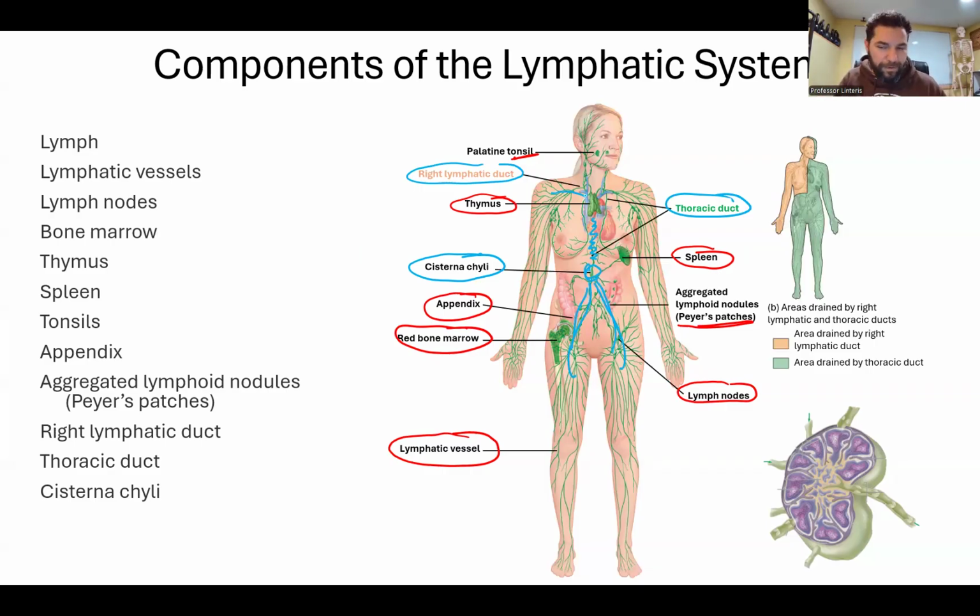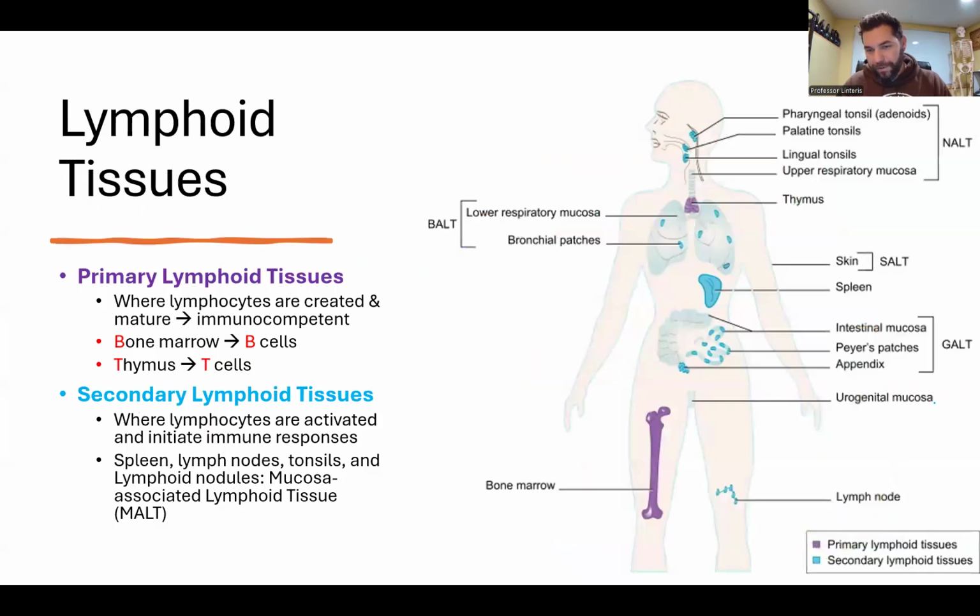And we'll see what a picture looks like. Oh, it's right here. The area drained from that right lymphatic duct as opposed to the area drained of the thoracic duct. So basically we have two generalized areas that are dumping lymph back into our venous circulation. Maybe the next slide will show it. I don't remember. So we have two primary lymphoid tissues.